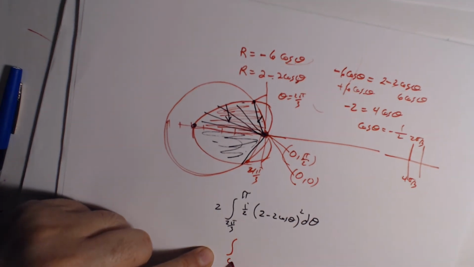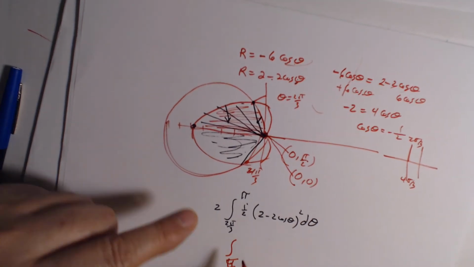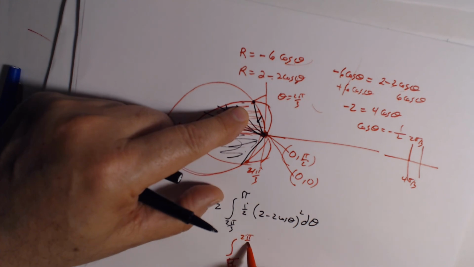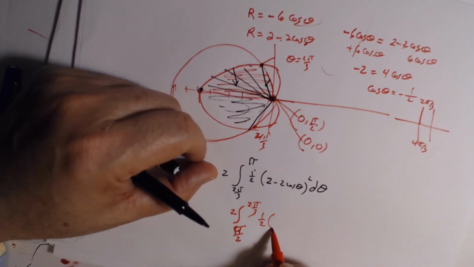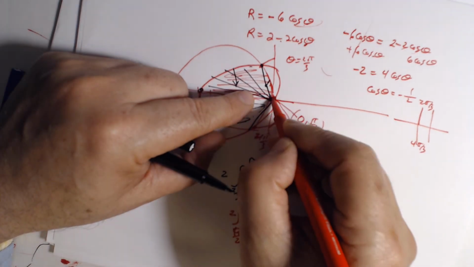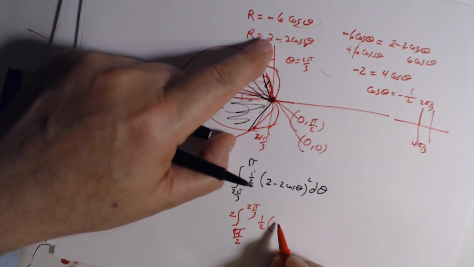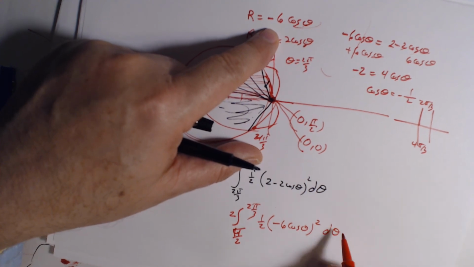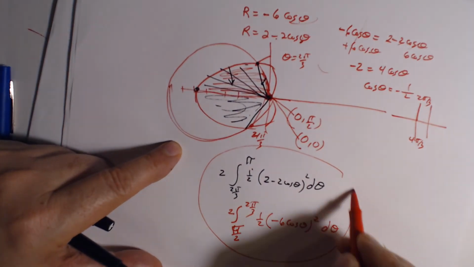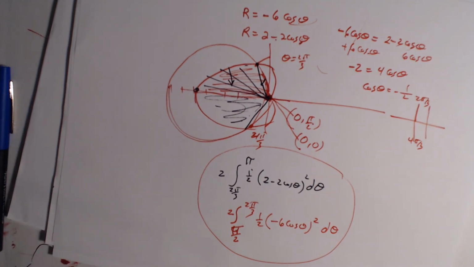And for the circle, that point is r is 0 and pi over 2. Therefore, I go from pi over 2 for the circle to 2 pi over 3. I have two pieces. I double it, 1/2, but I've got to use the r of the circle. And what is the circle? -6 cosine theta squared d theta. Then you can use this to find the area common to both regions bounded by the circle and the cardioid.